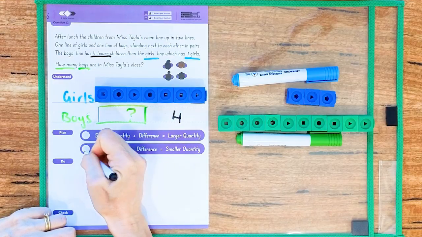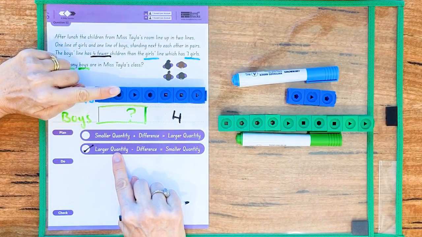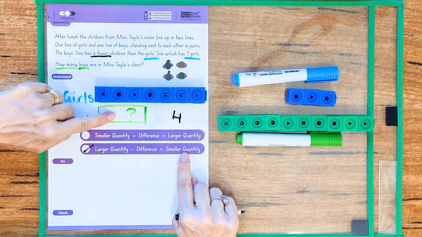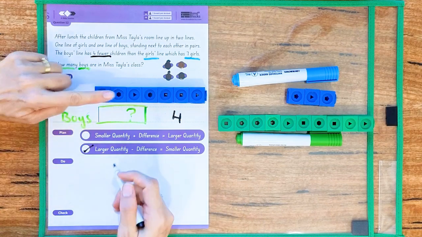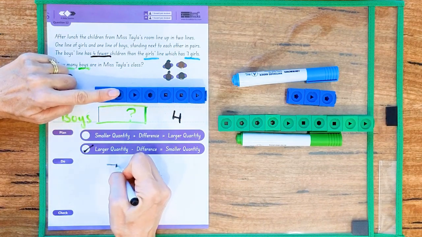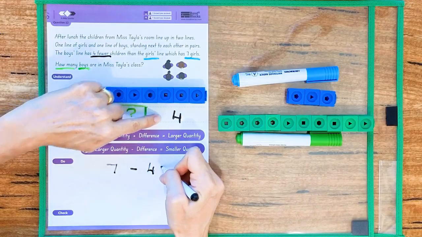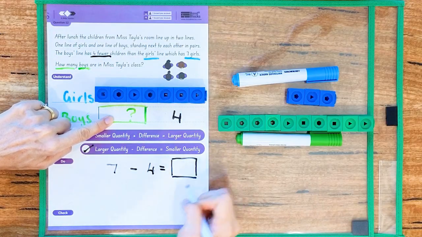I'm going to use this plan because I know the large quantity and I know the difference, but my unknown is the smaller quantity. The larger quantity of 7, subtract the difference of 4, will tell me the unknown smaller quantity.